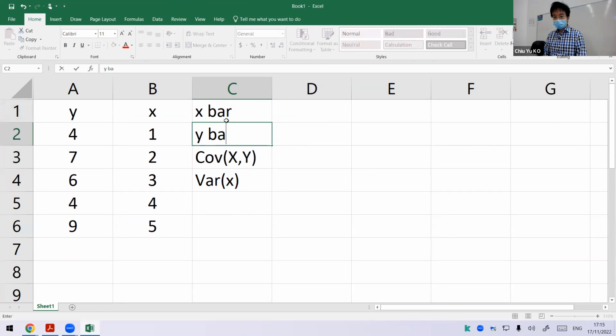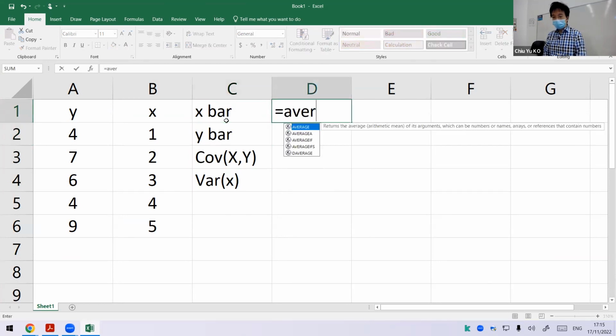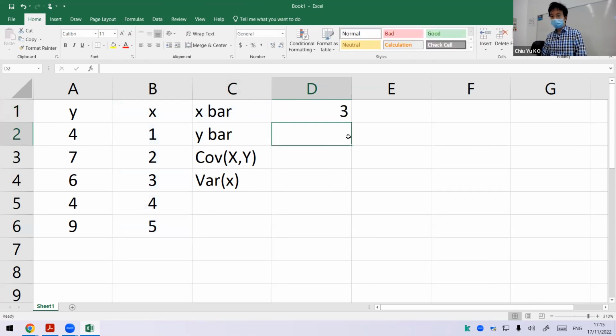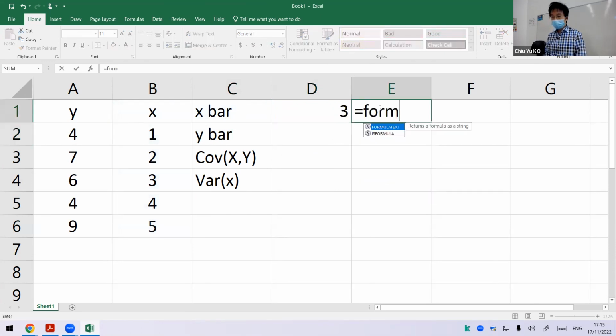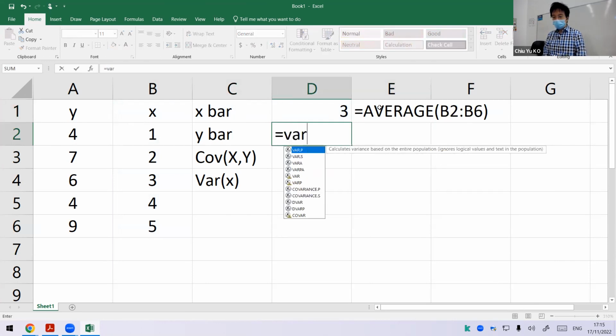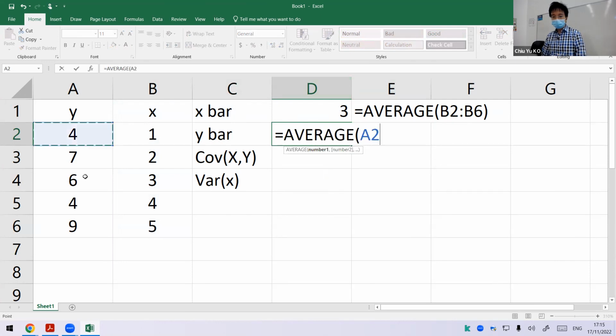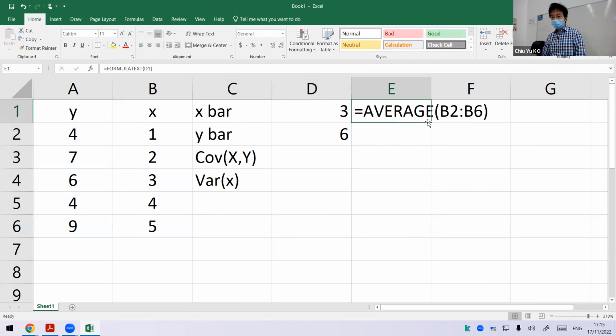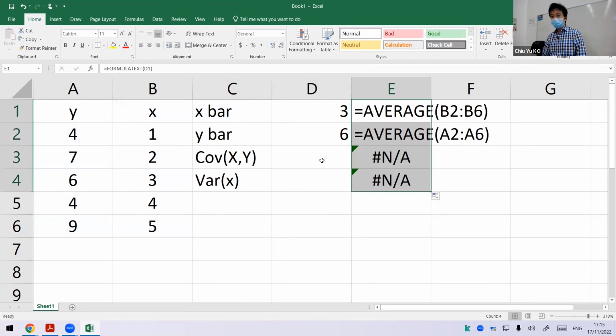X bar is just the average of X, something simple. And we also have the average of Y. And we have the variance and covariance.